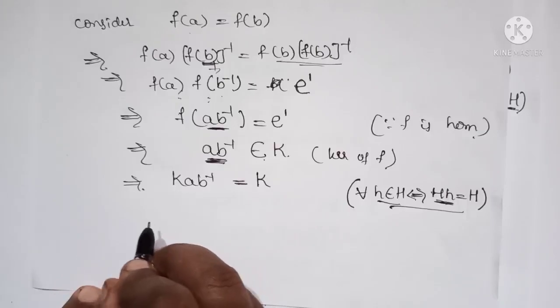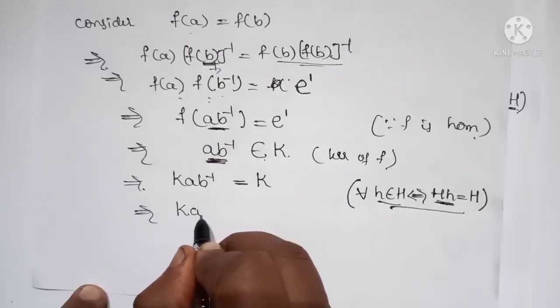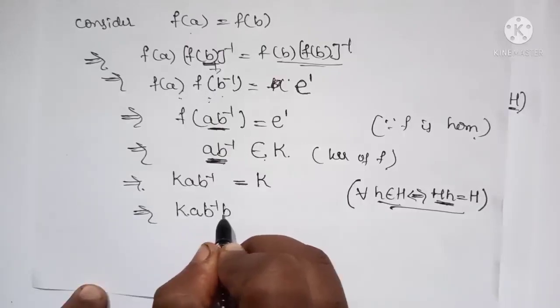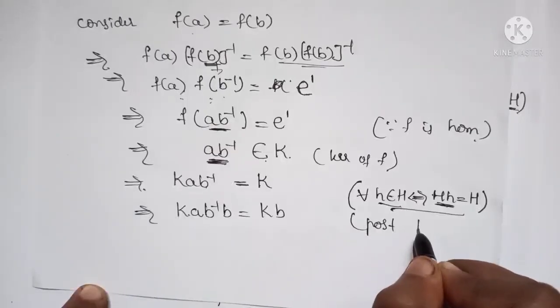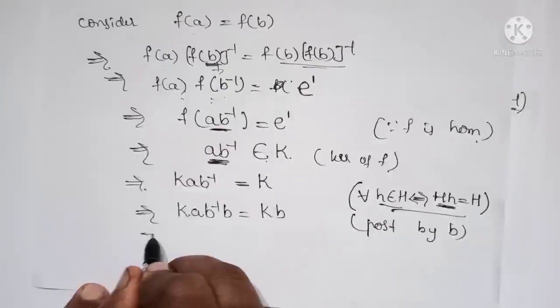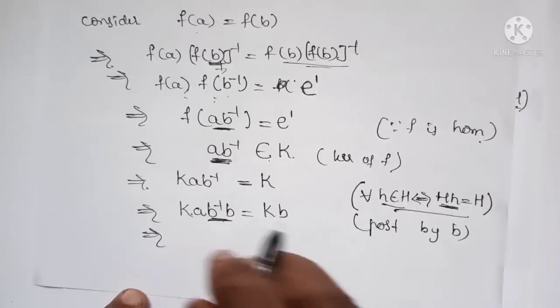Now again post multiplying both sides by b, and b inverse into b equals the identity element.